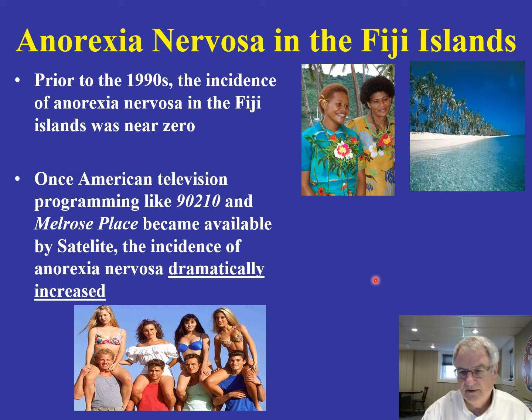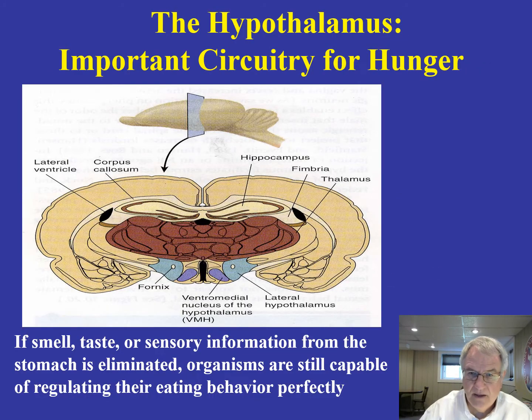So again, we have to recognize that this is a disorder that's very much related to cultural factors, and we have to be aware of this as an important factor.